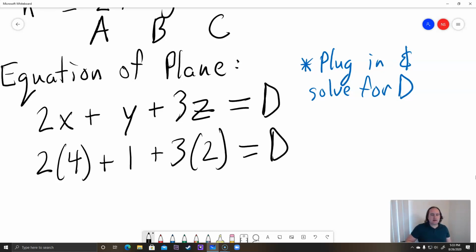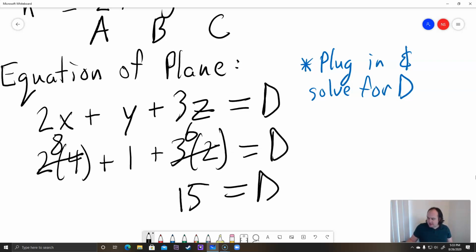Alright, so just using that point that they gave us and plugging in the coordinates, now we can simplify the left side. So we have 2 times 4 is 8, and 3 times 2 is 6. So we have 8 plus 1 is 9, plus 6 is 15. So we actually get d equals 15.